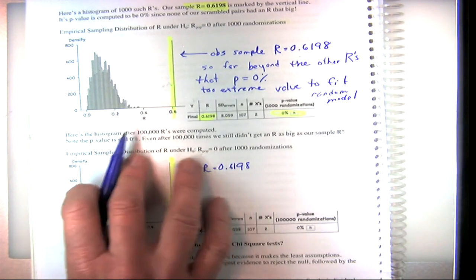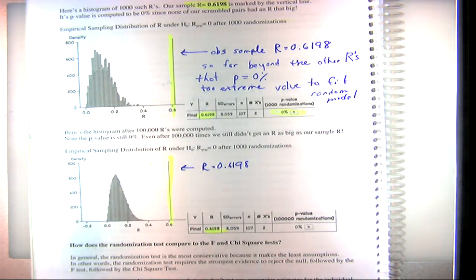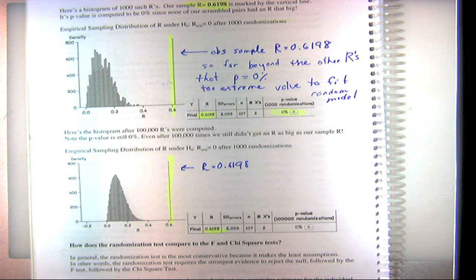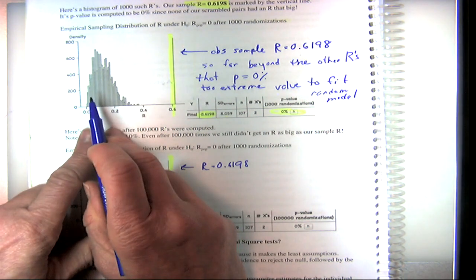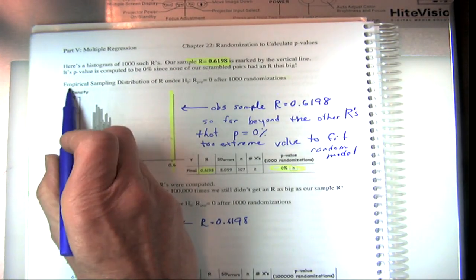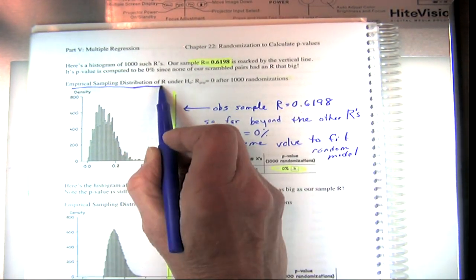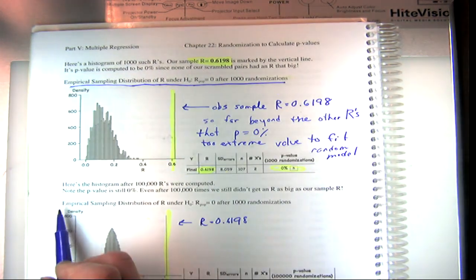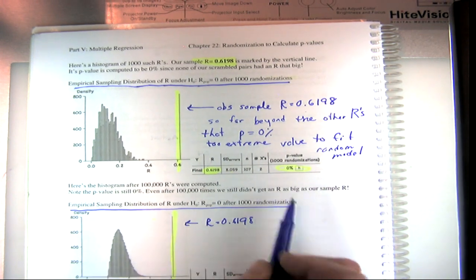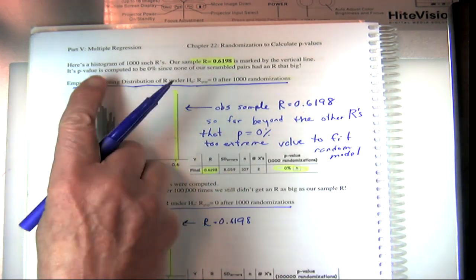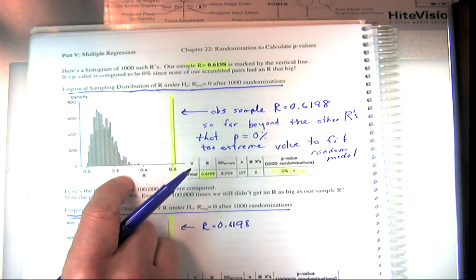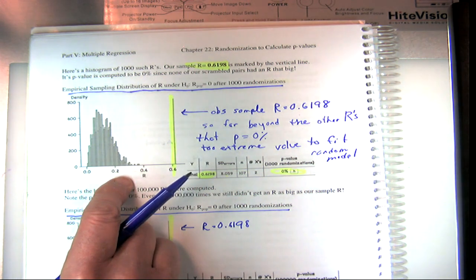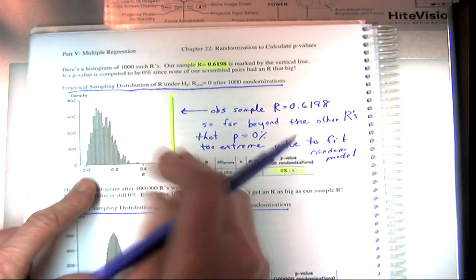And usually, when we do our usual z-tests or t-tests or chi-squared or f, instead of having this empirical sampling distribution of R under the null after 1,000 randomizations, we're using an empirical sampling distribution created by computer simulations. So we can visualize it and see it.